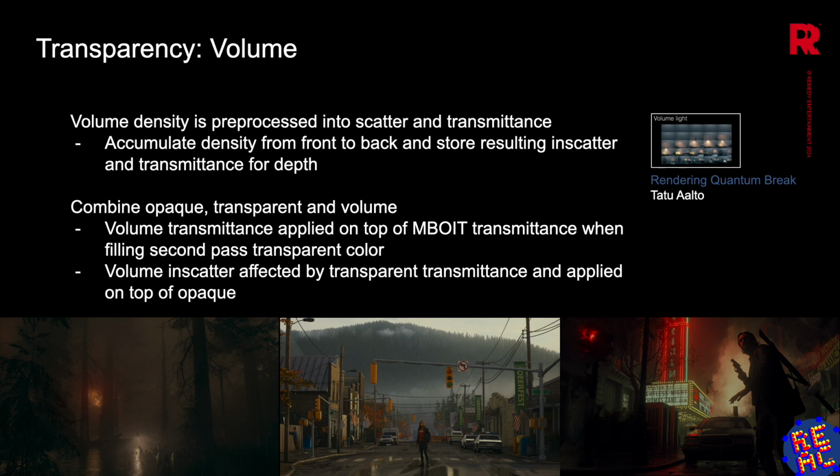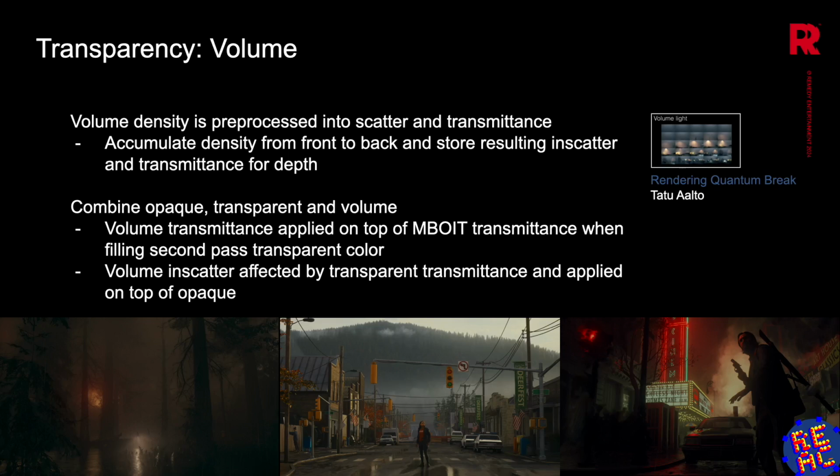Similar to many others, we pre-process volume density into a volume that contains in-scatter and transmittance based on depth. So the data contained by the volume is really similar to what MBOIT operates on. We didn't figure out a neat way to translate volume transmittance directly into moment-based transmittance. Instead, we opted to instrument transparent color fill shaders to evaluate volume and MBOIT transmittance separately.